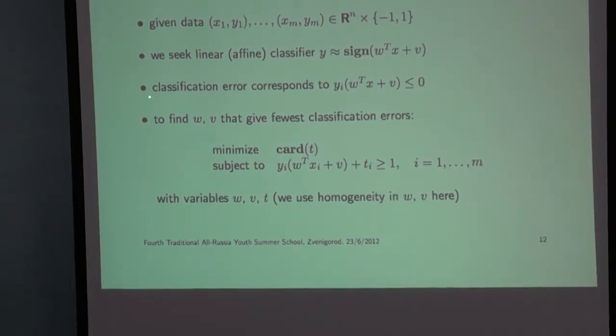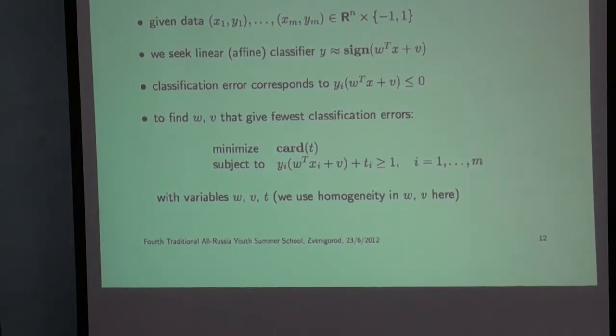All right. And a classification error is when this inequality, when this product is negative. It's when the sign of this is different from the sign of that. Right? And so how do you solve this? Well, you can check if they separate, that's a linear program. If they don't separate, you would like to find a hyperplane that misclassifies as few as possible. This is natural.